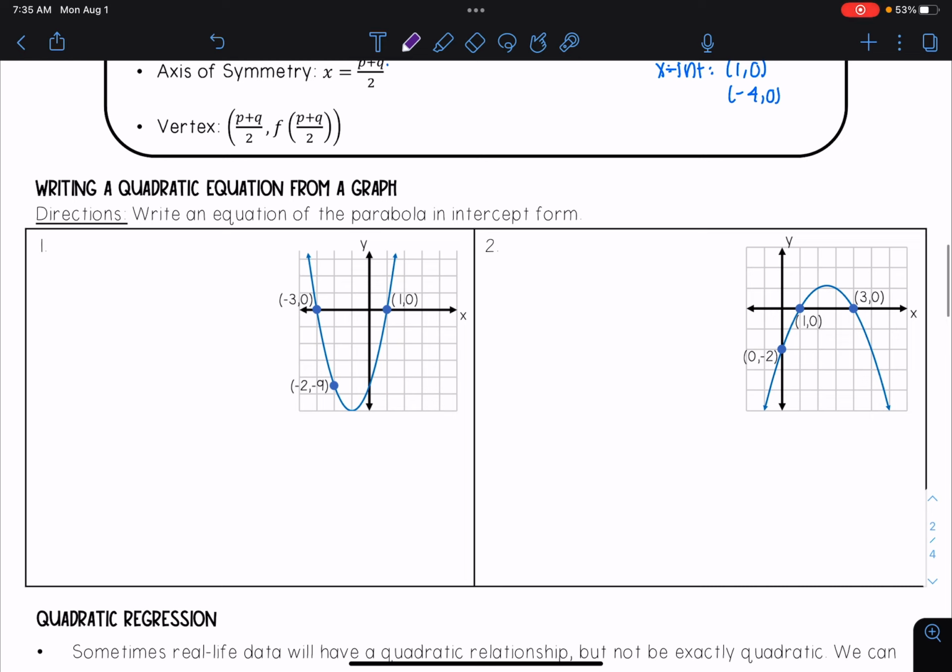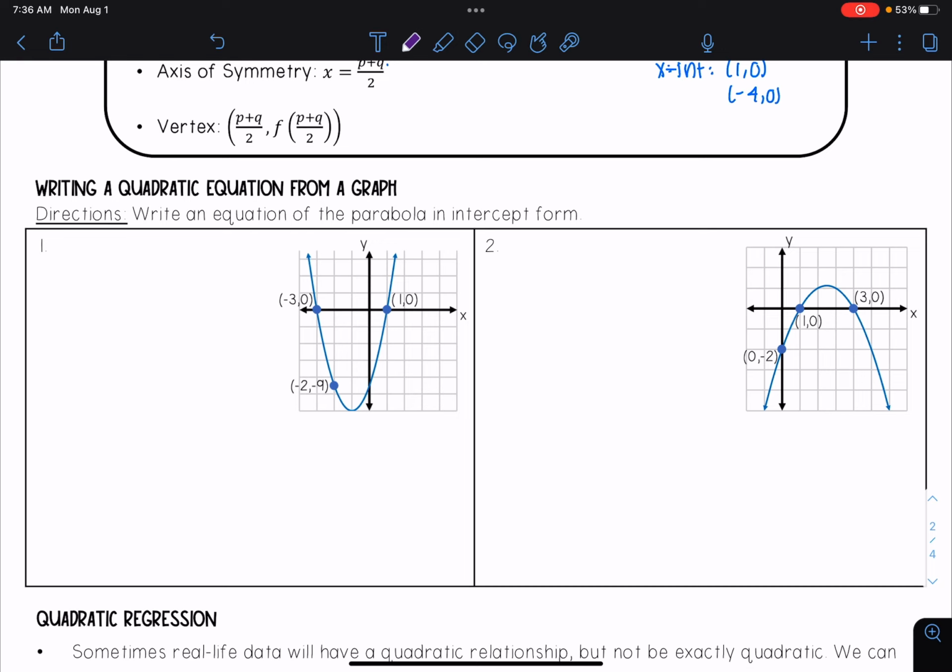So let's do some practice with writing a quadratic equation from a graph, but this time we are given the two x-intercepts and a different point. So looking at this graph, I see that I have my two x-intercepts. Remember, your x-intercepts are where your parabola crosses the x-axis.